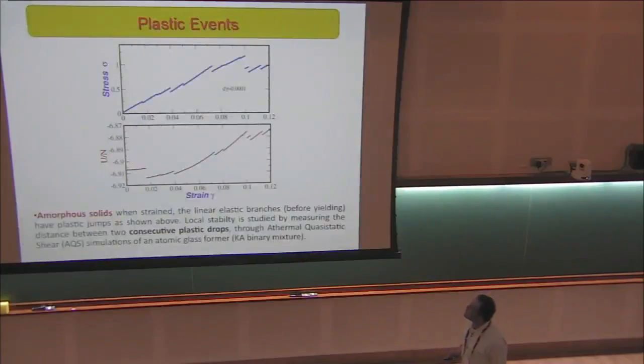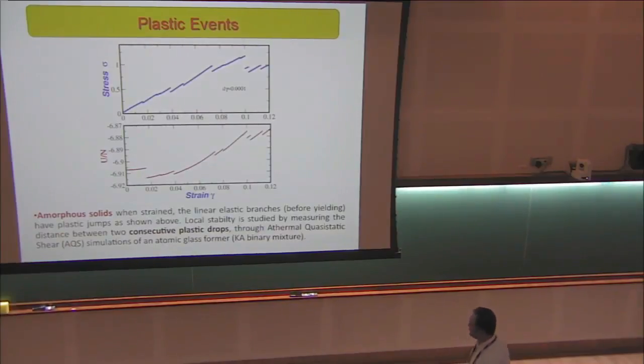Okay, so just to set up terminology, what we're going to be looking at through computer simulations of model glass formers is under what is called athermal quasi-static shear. As we apply, like I said, at zero temperature, mechanical stress, at some point the system is going to reach some point of instability and make a discontinuous change in structure.